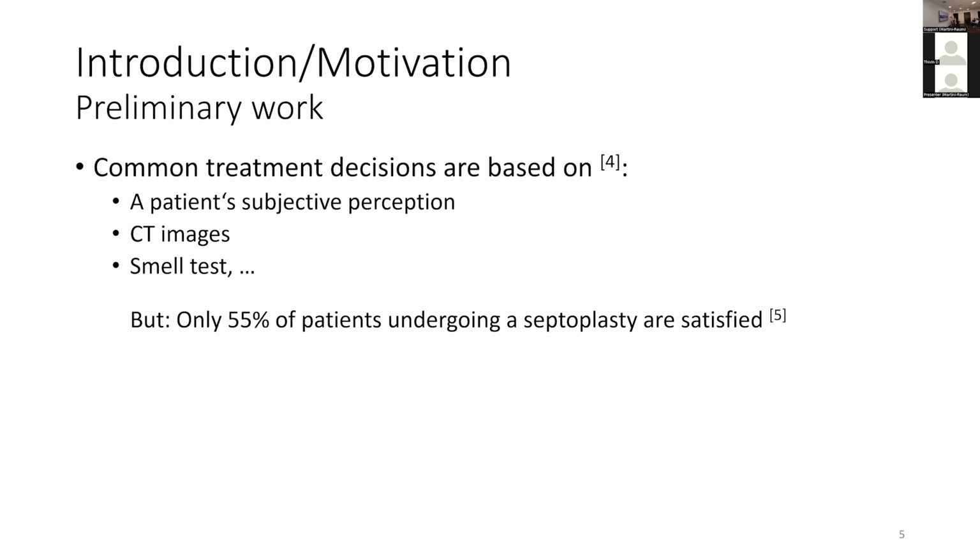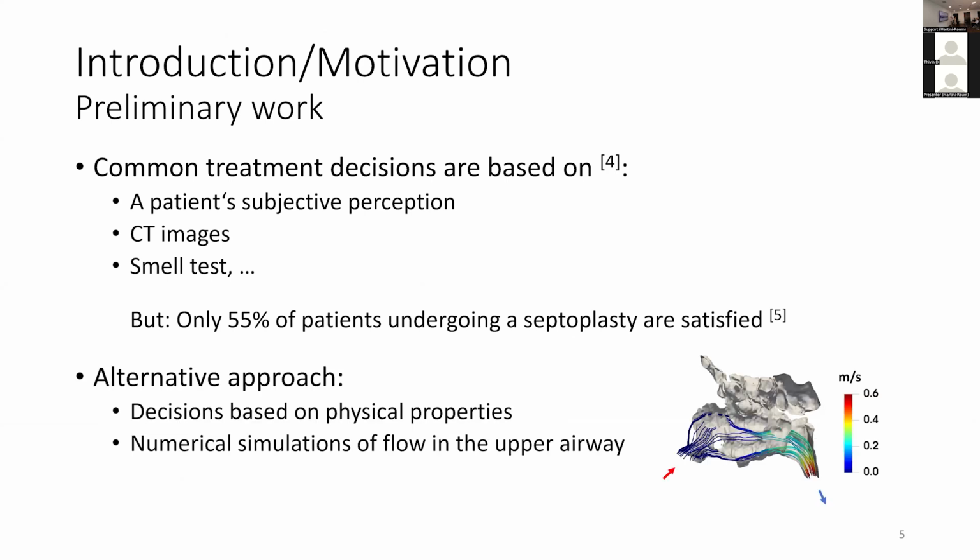So they have no physical justification for where to remove tissue or where to not remove tissue. The satisfaction rate is only roughly 50%, so our approach was to develop a surgery planning tool where the doctors get physical justifications for their interventions.